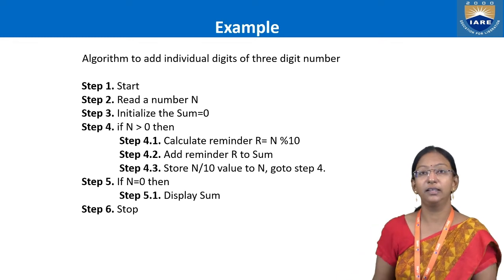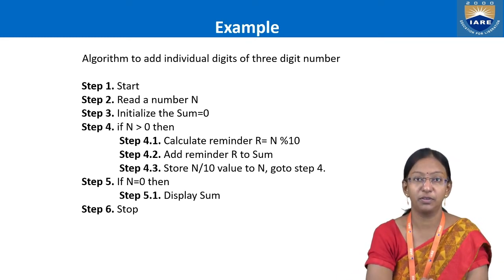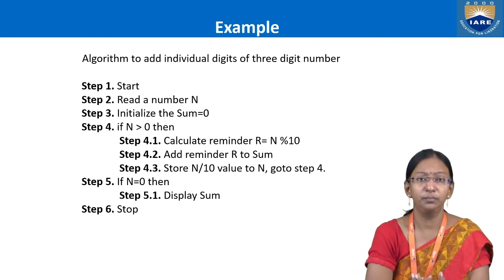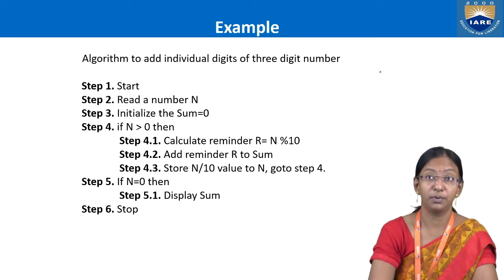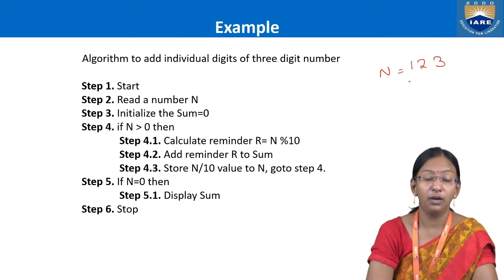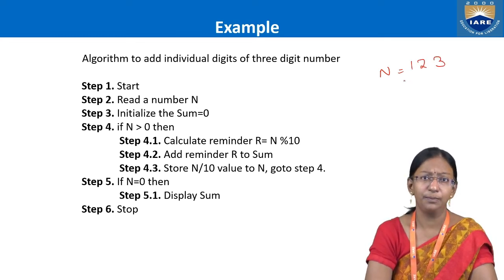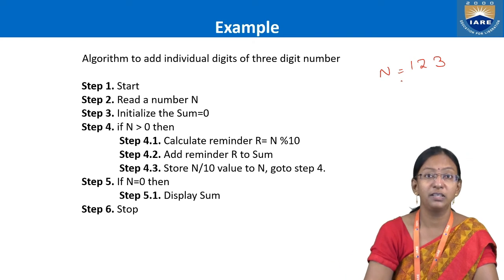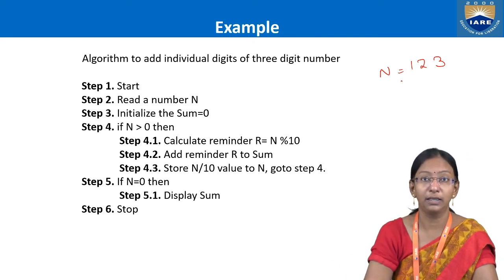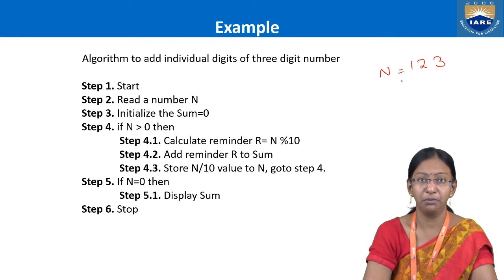You can see this slide in which I have presented an algorithm to add the individual digits of a 3-digit number. Say your number is 123. Step 1 is start, obviously. Second one is read the value of n. Obviously, as I said, an important property of a good algorithm is that it must take some input, right?